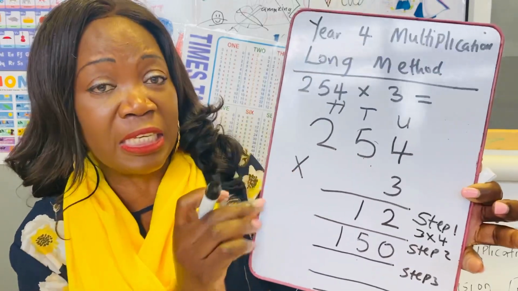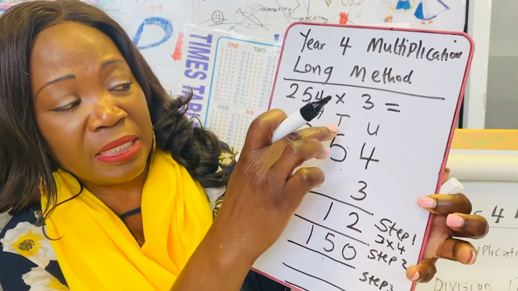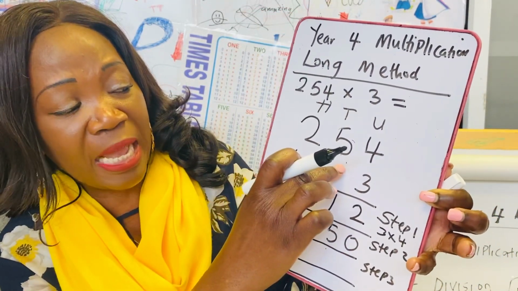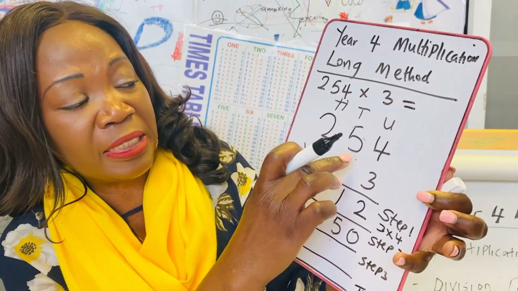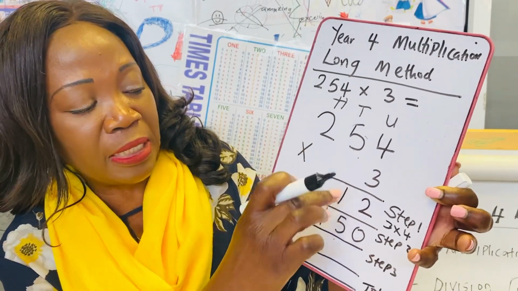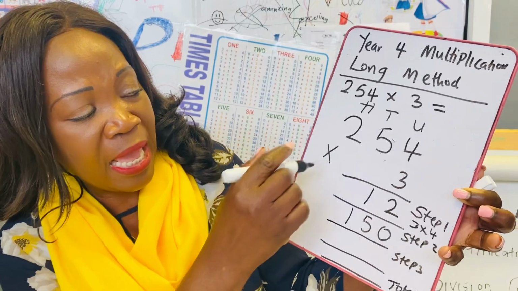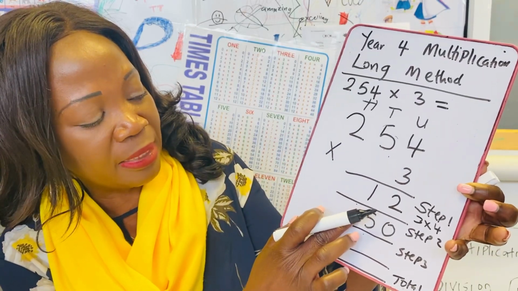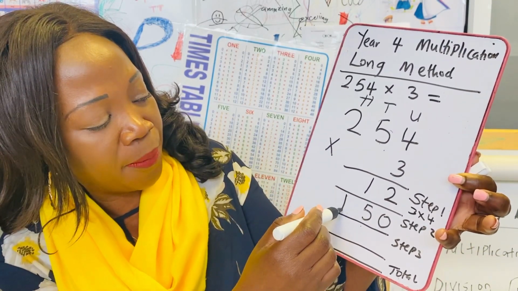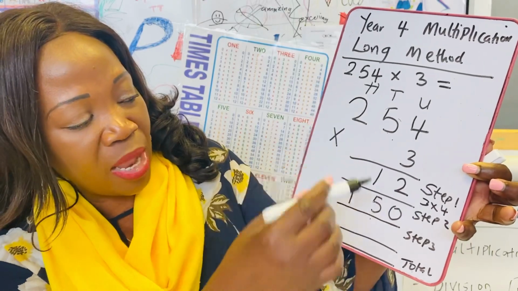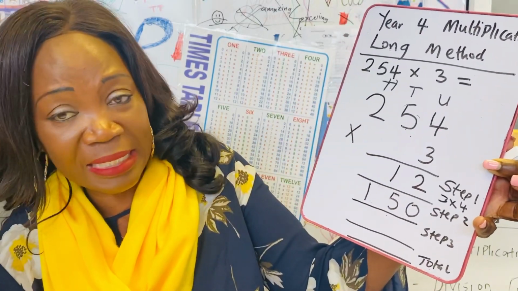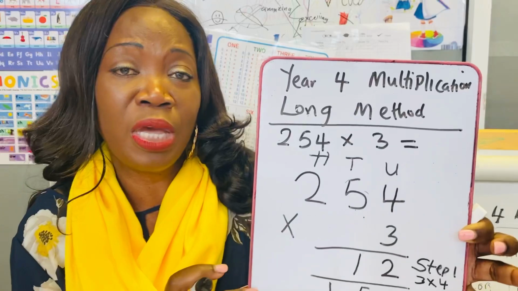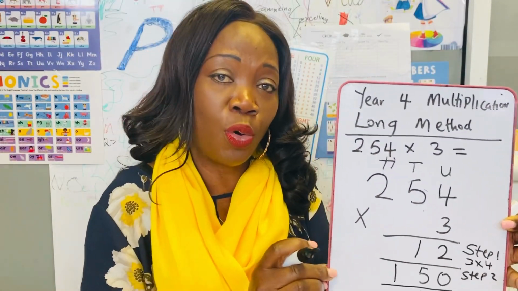But this is the tens place, so 3 times 50 is 150. Make sure you align it properly, because when you are adding them later, you'll be able to know if you're in the right place or not.